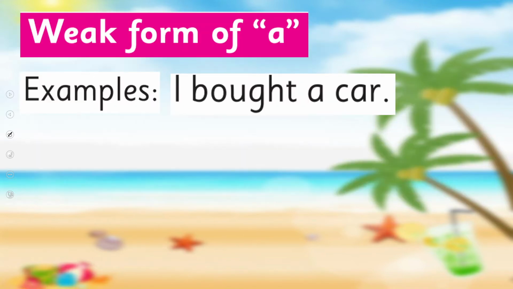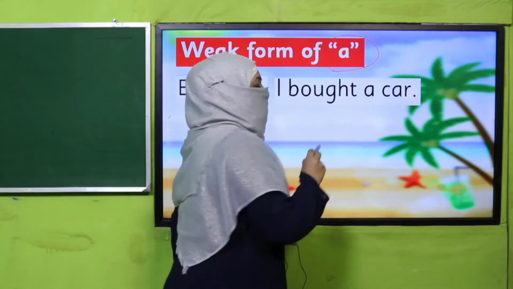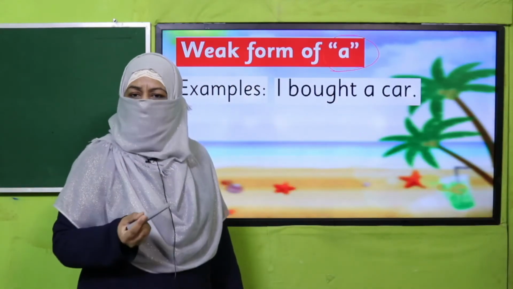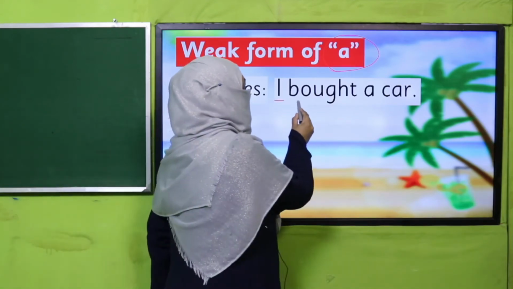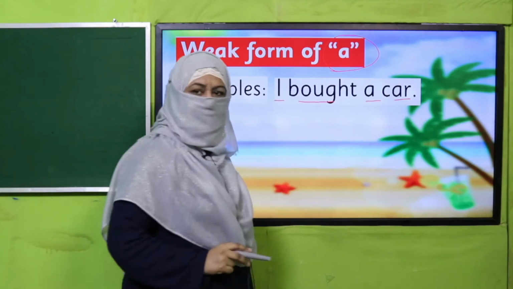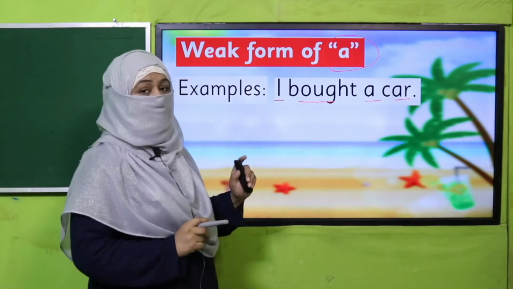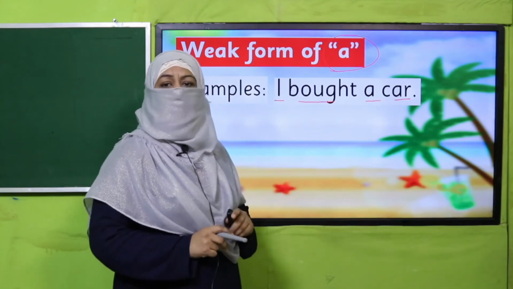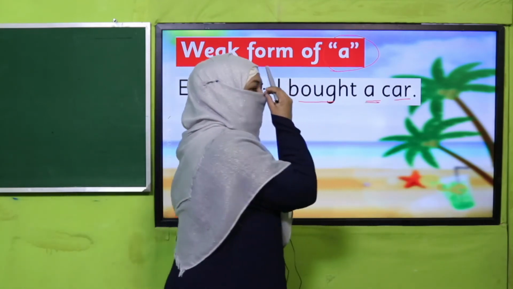For example, now we are going to discuss weak form of A. So when we say in strong form, we say A. And how do we read it? I bought a car, right? But when we use weak form, because we are practicing weak form, how we'll say it? I bought a car. I bought a car. Now this A becomes a.